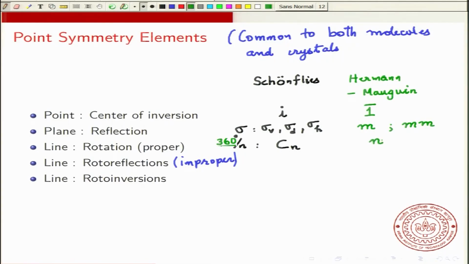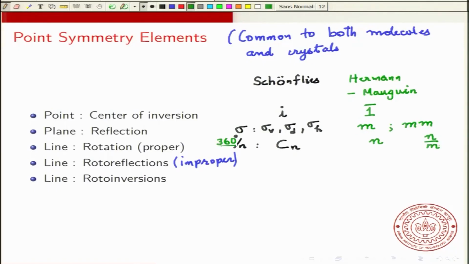And in case you have a mirror and a rotation whose axis is perpendicular to the mirror, then often a symbol is used. Sorry, a rotation and a perpendicular mirror is denoted by n by m.